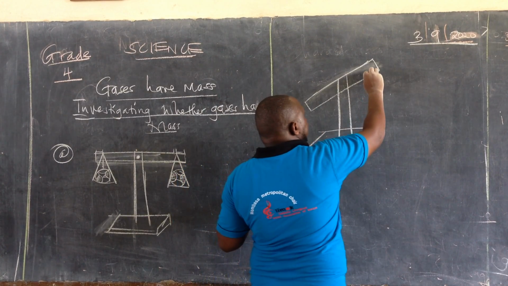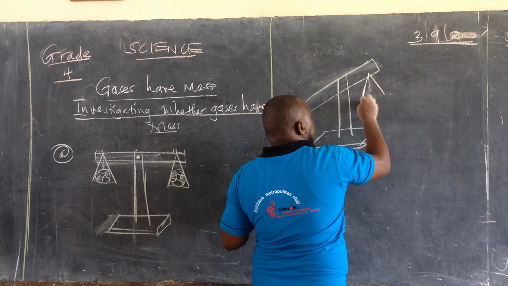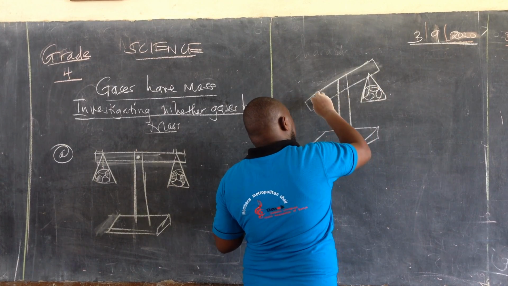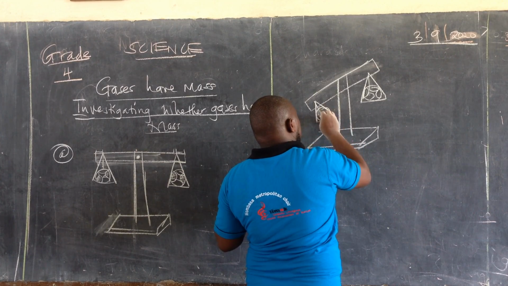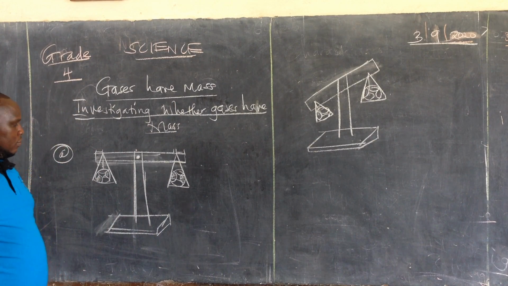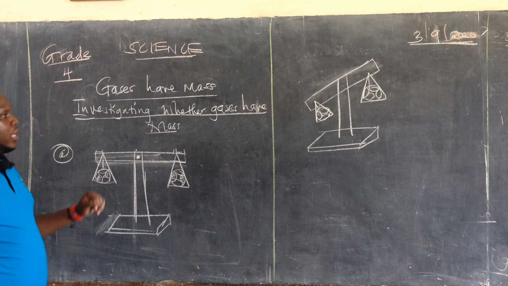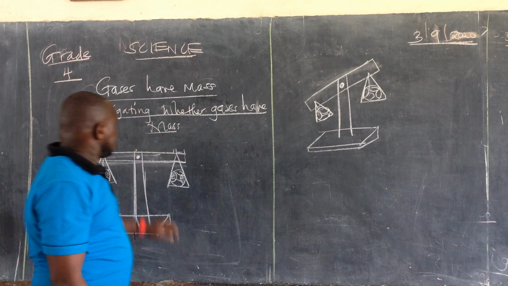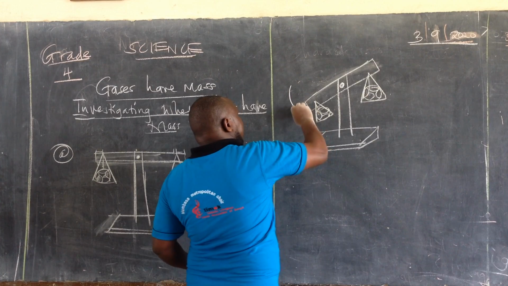Now, with the same 2 balls, I want you to remove air from one of the balls. This one here, remove air. So if you remove air and you try to balance using the same stand, this is what happens. You will see the one that is not having air coming down.